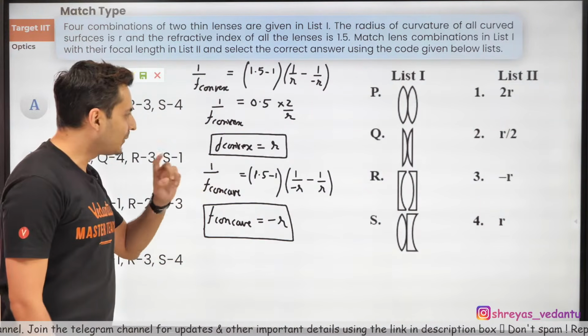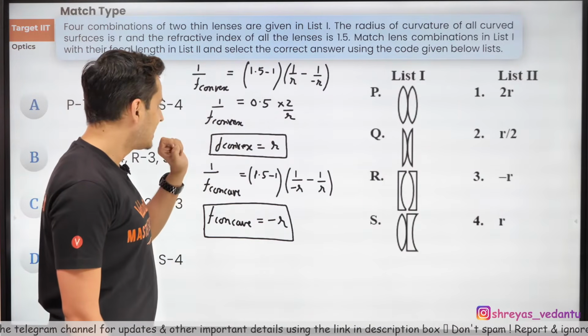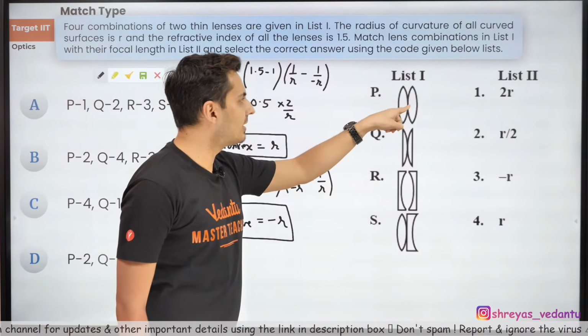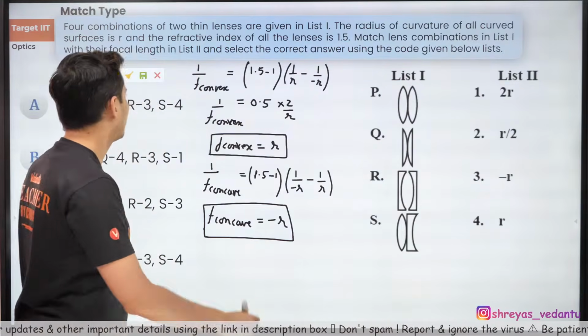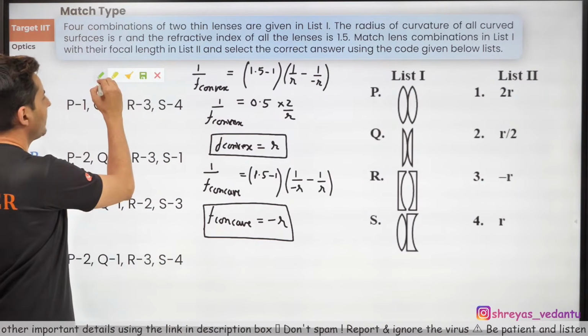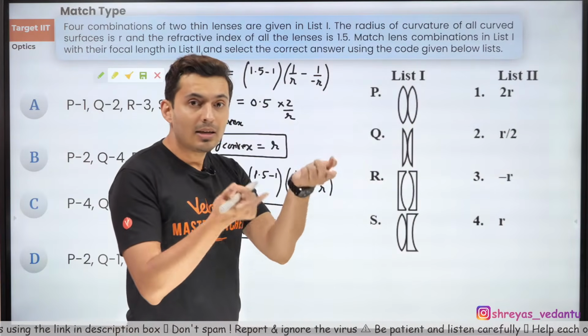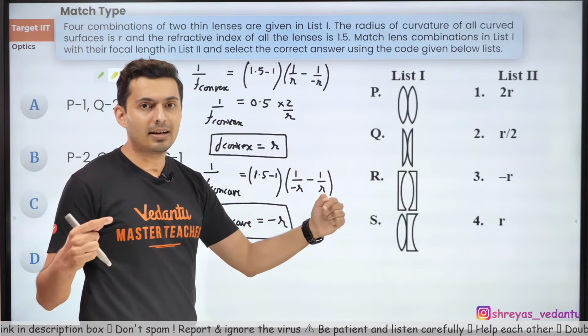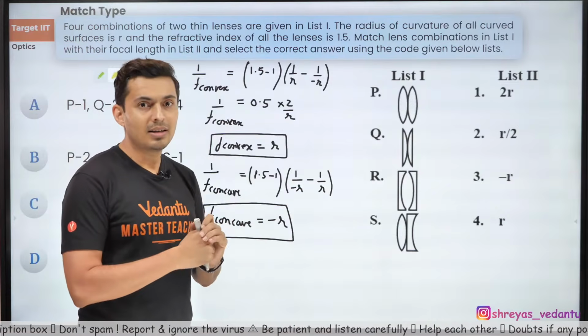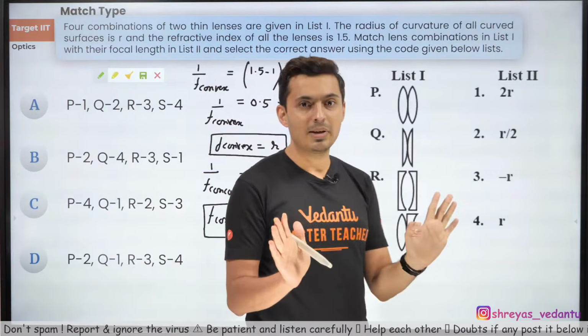Okay, now, what you need to do is try to figure out in this condition, when both the lenses are there together, what do you think will happen? When both the convex lenses are there together, their inverse of the focal length will get added to give the inverse of the effective focal length. Everybody remembers this?